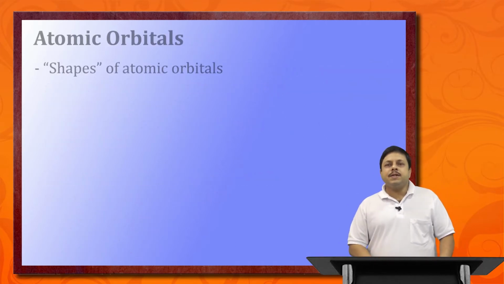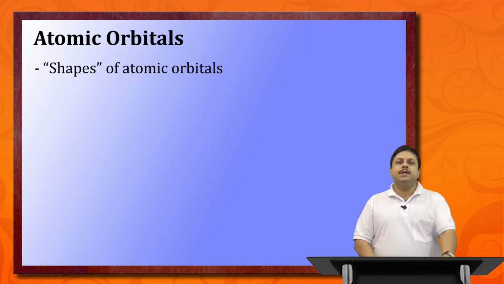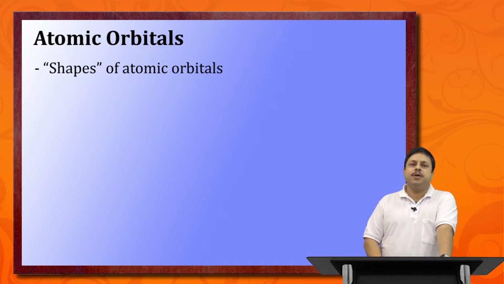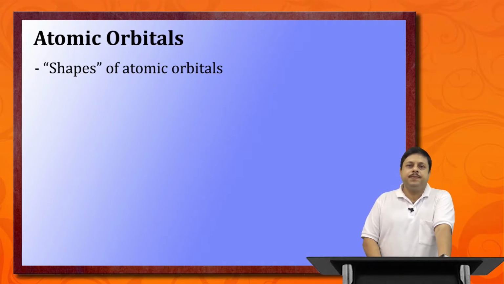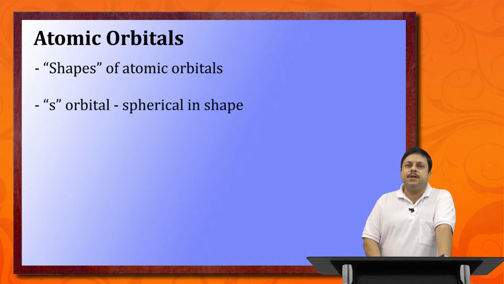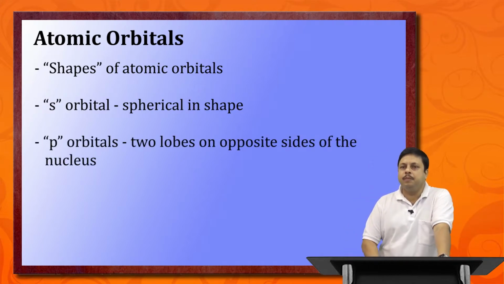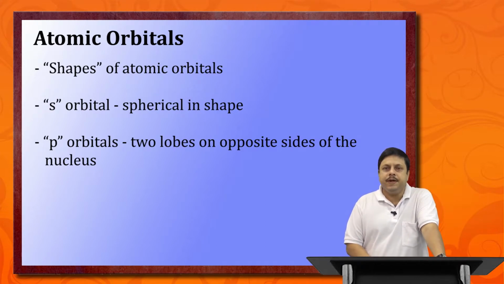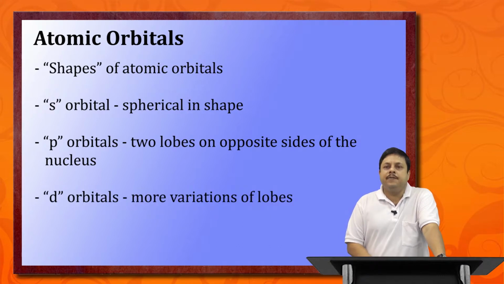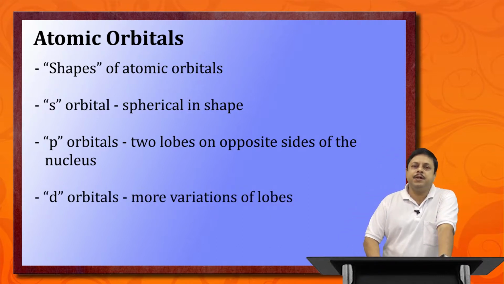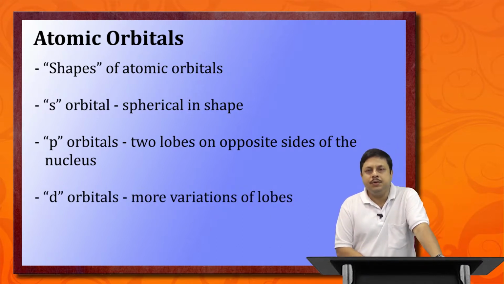Now let us come to the shape of these atomic orbitals. Atomic orbitals, depending on what value of L they have, have definite shapes. Firstly, the s orbital is spherically symmetric in shape. The p orbital has two lobes on opposite sides, of opposite phases, around the nucleus. d orbitals have more variations of lobes depending on which d orbital you are looking at.